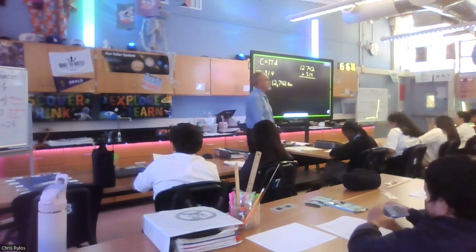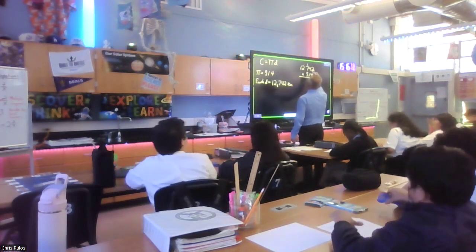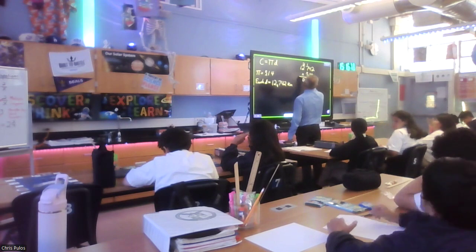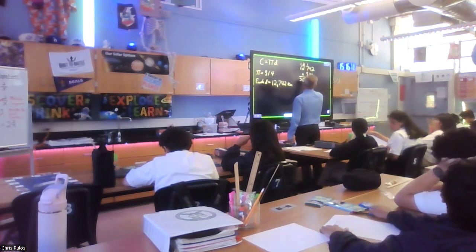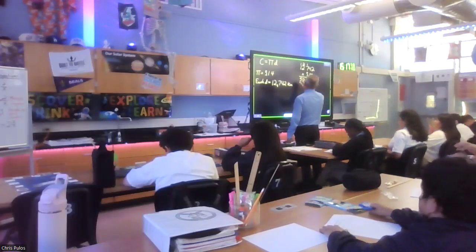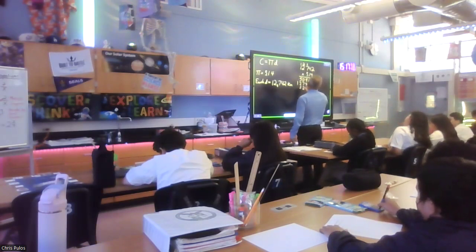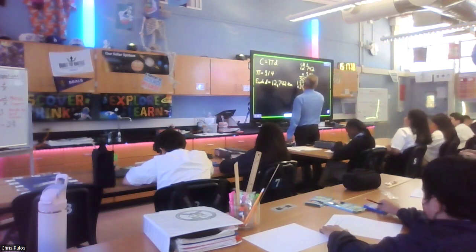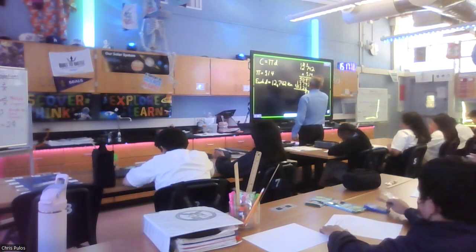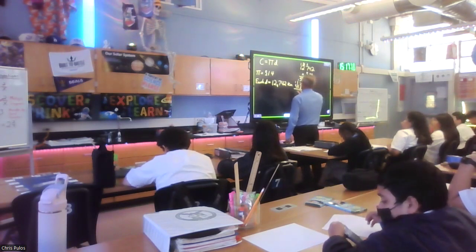It's not that hard to do. 4 times 2 is 8. 4 times 4 is 16, carry the 1. 4 times 8 is 32, plus 1 is 33. 4 times 2 is 8, plus 2 is 10. 4 times 1 is 4, plus 1 is 5. And then 2, 4, 7, 2, 1. 3 times 2 is 6.